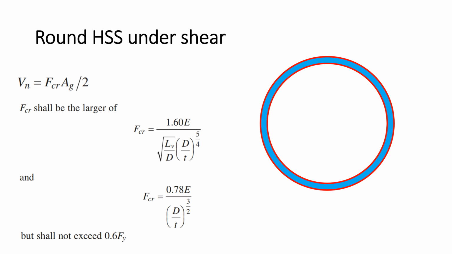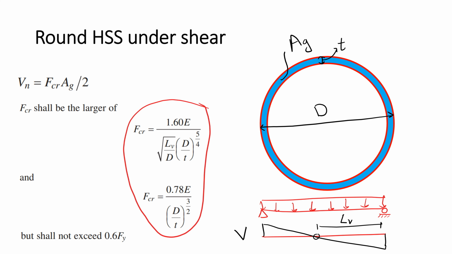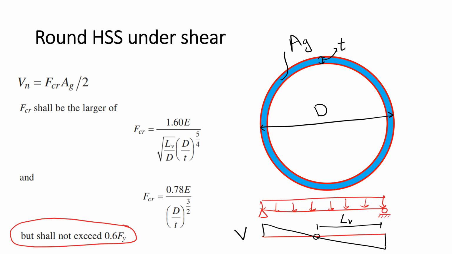Looking at the following equations and the 3 limit states, and considering that D is the outer diameter of the pipe, T is the wall thickness of the pipe, and A sub G is the gross cross-sectional area of the pipe, whenever the ratio of the diameter of the pipe to its thickness is greater than or equal to 100, most likely one of the following 2 cases will govern. But if that is not the case, then the yielding case will govern, with L sub V being the distance from the point of the highest shear to the point of zero shear.